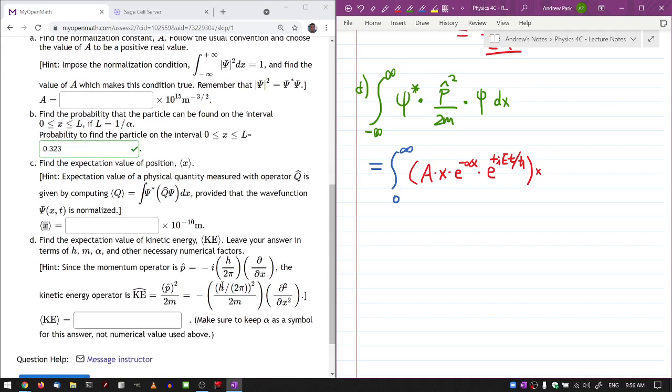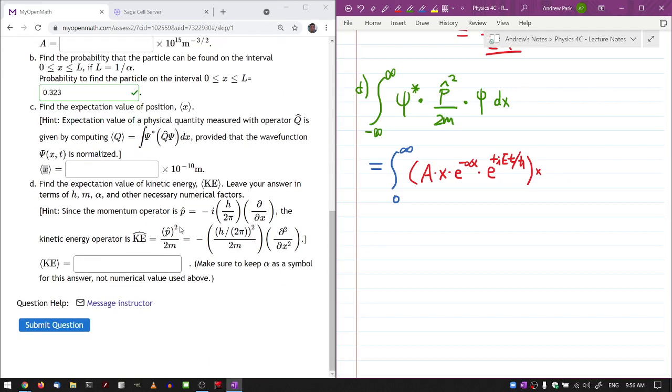So the operator for the momentum is minus i h bar d/dx, so this is the operator for momentum squared. It should be minus i squared, which will give me minus 1, h bar squared, and this differentiation operator applying twice will give me the second derivative with respect to x.